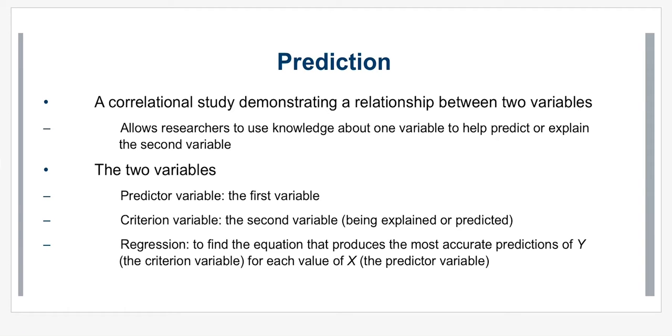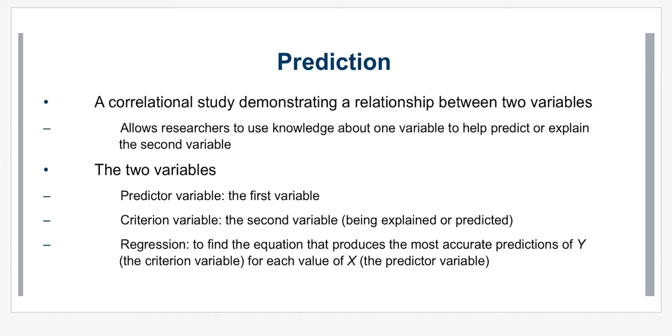In situations like that, there is a pretty clear prediction relationship in the sense that, as we talk about down here, there's a predictor variable and a criterion variable a lot of times.